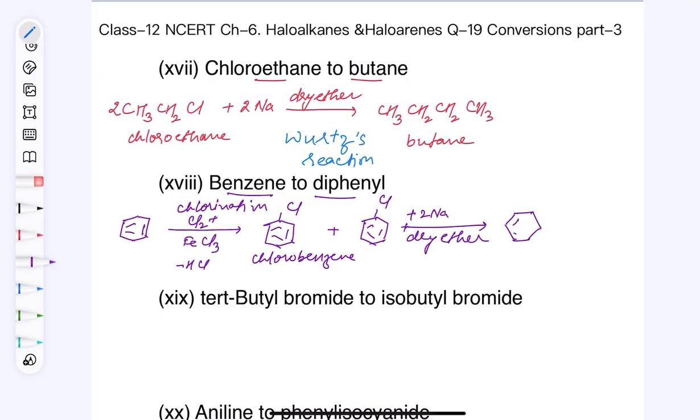Both of these will be combining. As above you have seen butane formation, here also your 2 benzene rings will be combining, and this leads to formation of your biphenyl. Again using Wurtz reaction.